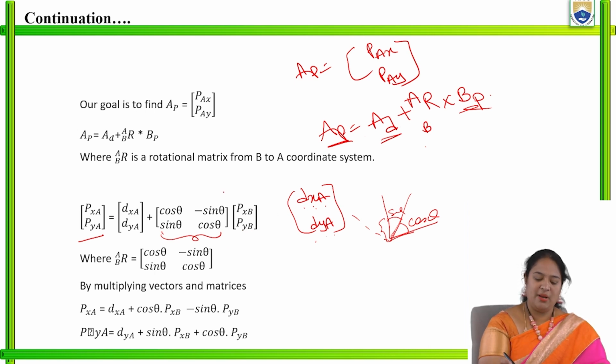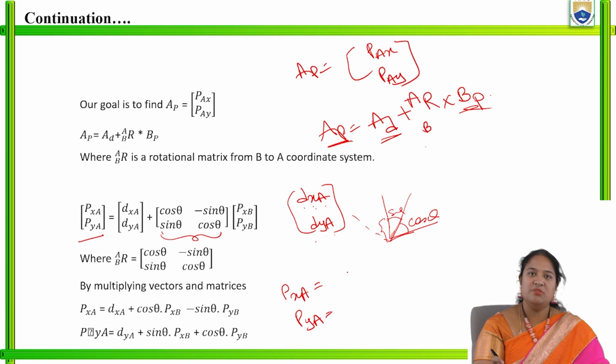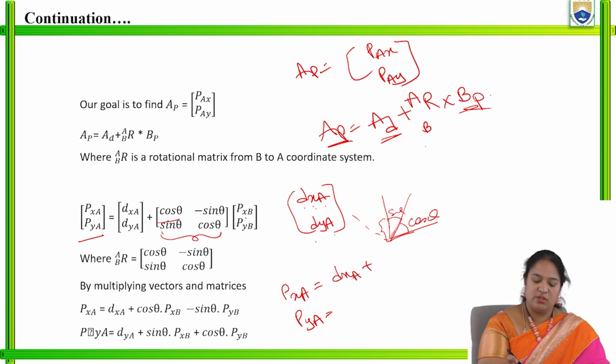Now, when we multiply these terms in order to find Pxa and Pya, what do we get? Pxa is equal to dxa plus cos theta into Pxb minus sin theta into Pyb.